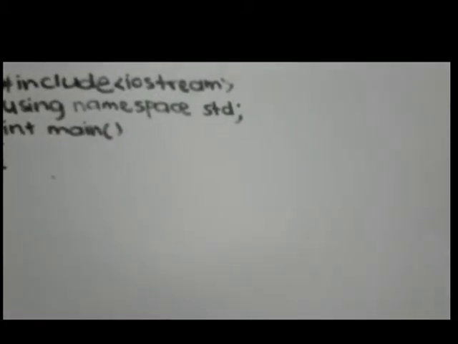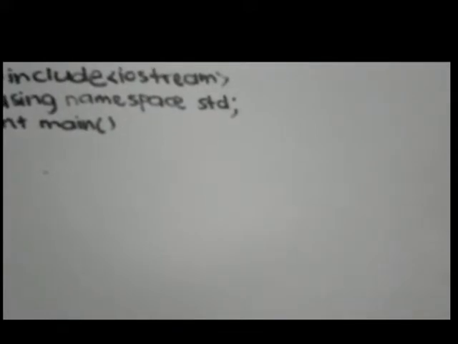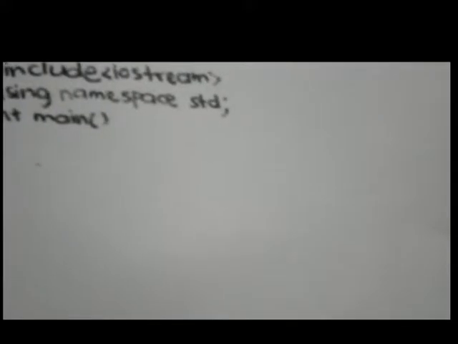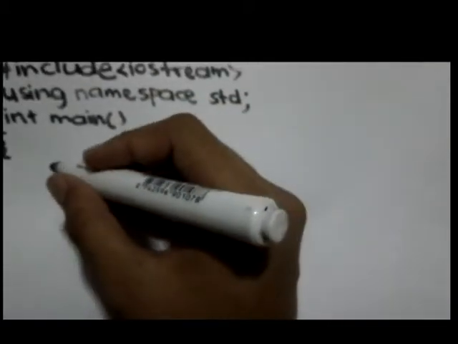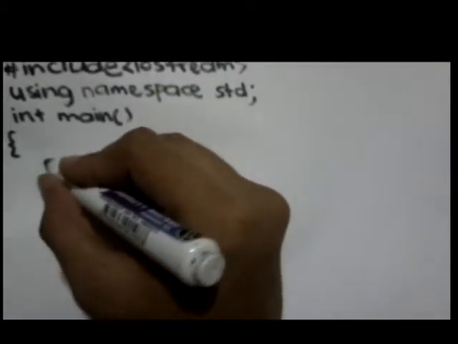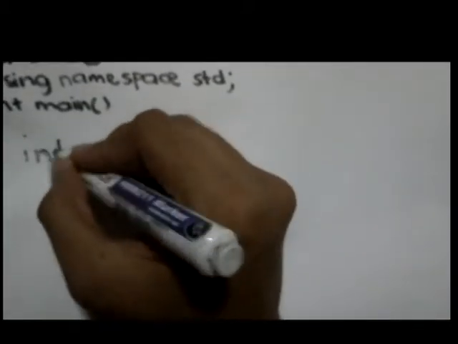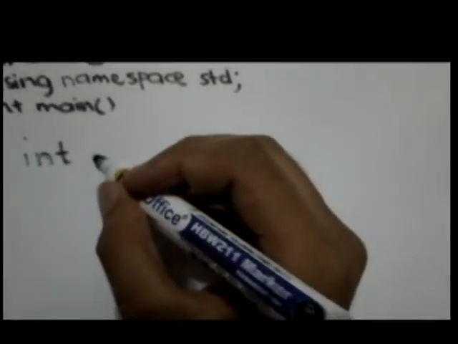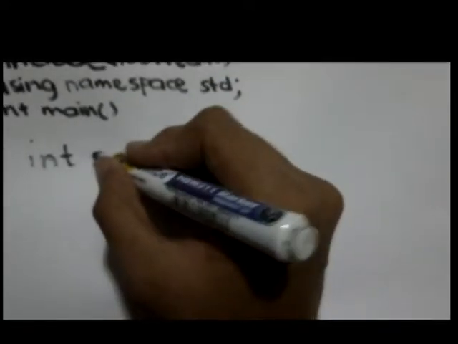So now let's give it a twist. We will use a multi-dimensional array and we will apply some for loops. Okay, so first it will start with the header, of course, and let's have some declaration like int, and let's have a variable like m.